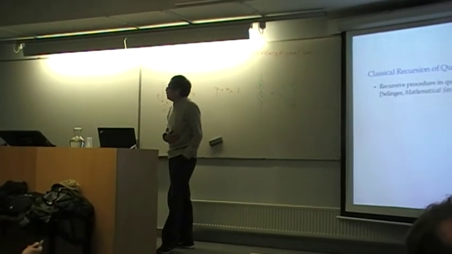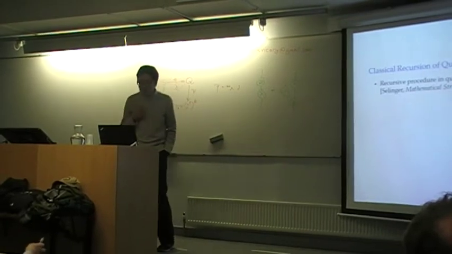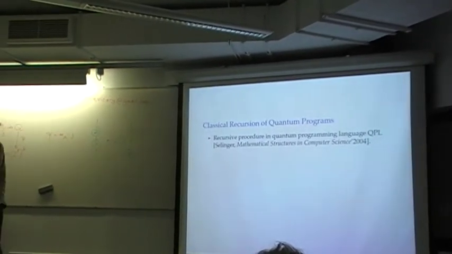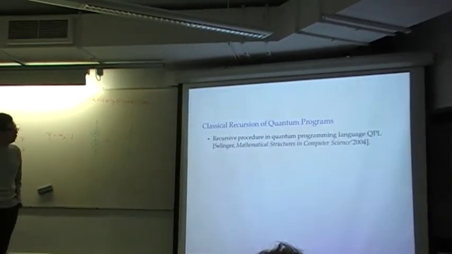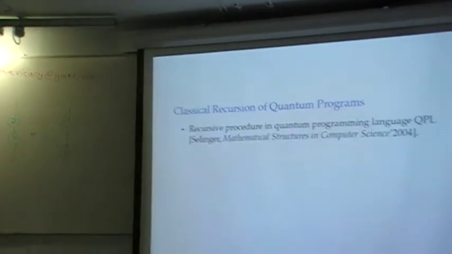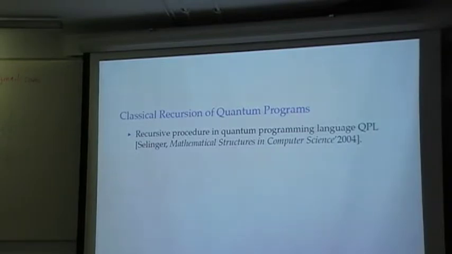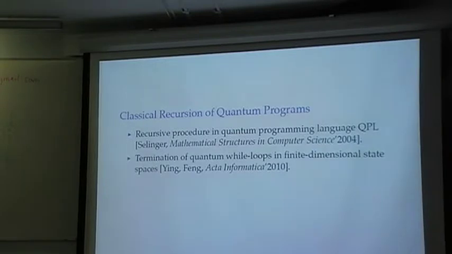So the recursion has been considered from the very beginning of the studies of quantum programming. For example, recursive procedure was introduced in Peter's quantum programming language, QPL. So now this is the very famous paper. And also Yuan and I did this termination analysis of quantum while loop in the finite dimensional Hilbert space.